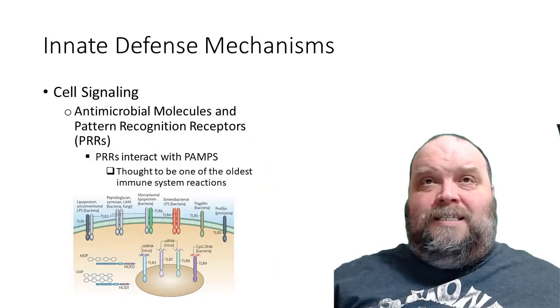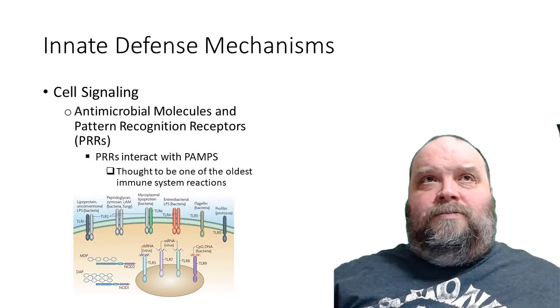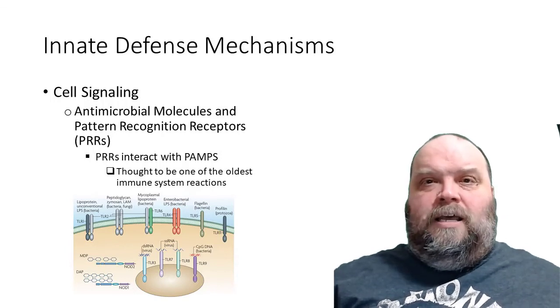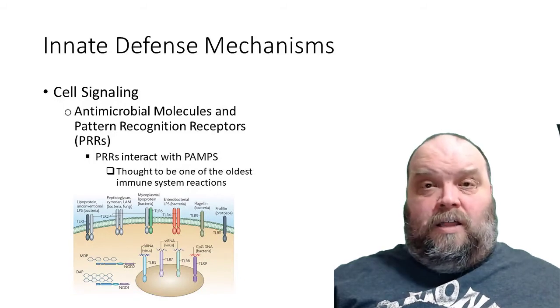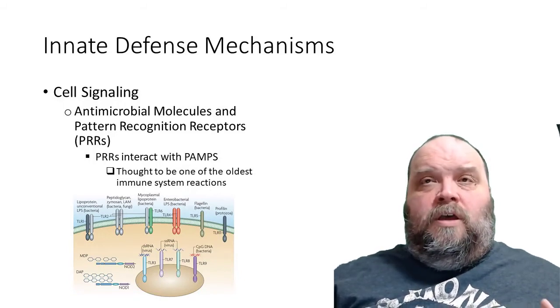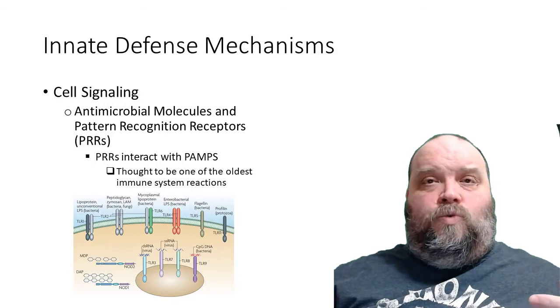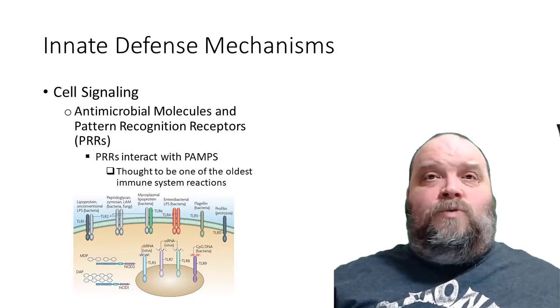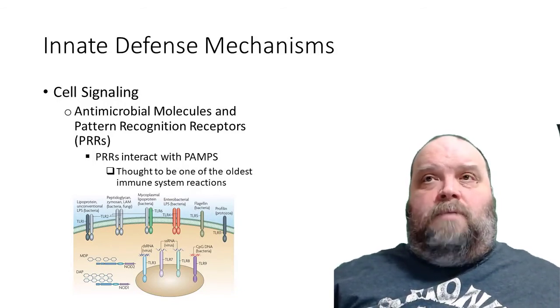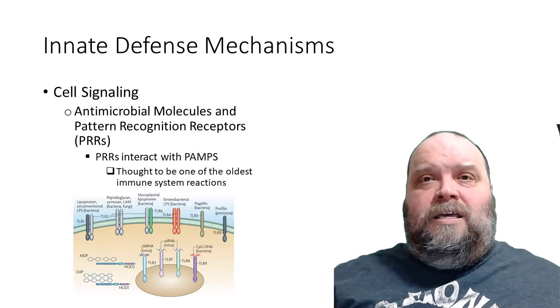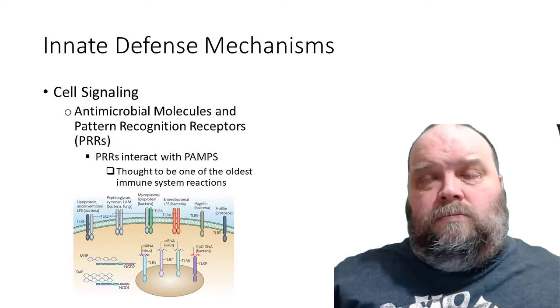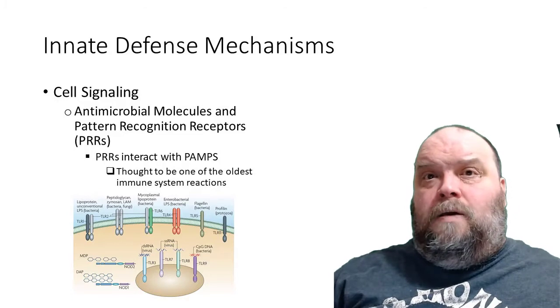Now, sometimes it's not a cytokine or a chemokine that will activate one of these innate cells. Sometimes one of these cells will just come into contact with something that is not human, something that is not mammalian.